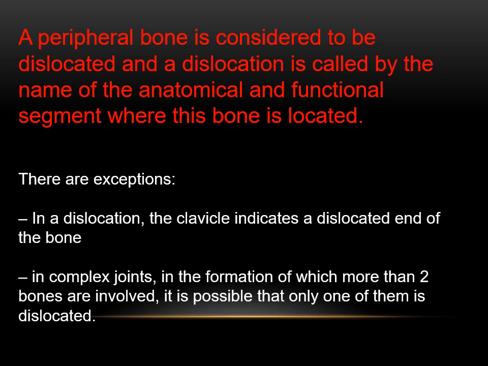But where the trochlear notch of the ulna, with its olecranon and coronoid process, engages the trochlea on the distal epiphysis of the humerus, we are already talking about dislocation of the forearm. Let's say a dislocation of the patella. This is a sesamoid bone in the knee joint, which can dislocate to the right, to the left, that is, to the side, inwards, outwards. Such a case is spoken of separately as dislocation of the patella.